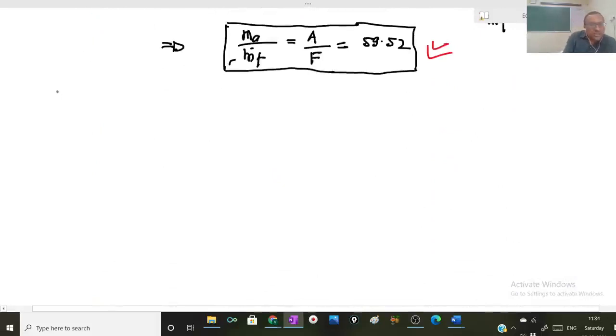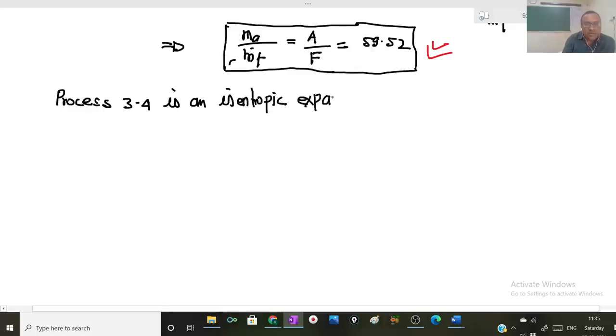So first consider process 3 to 4 as an isentropic expansion in the turbine.